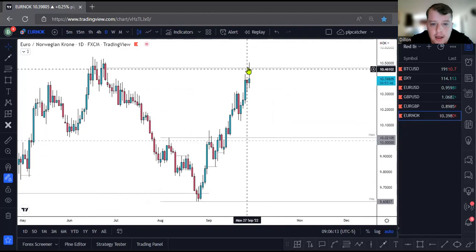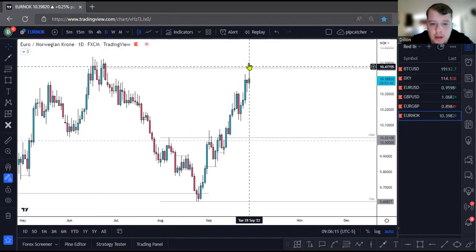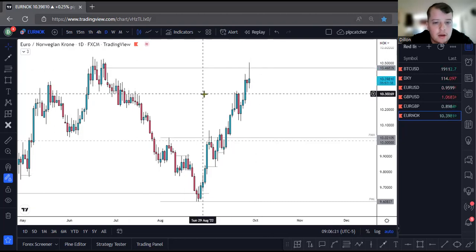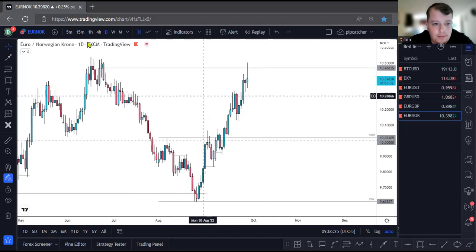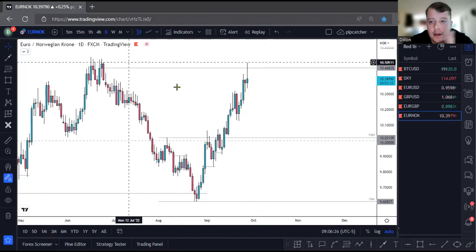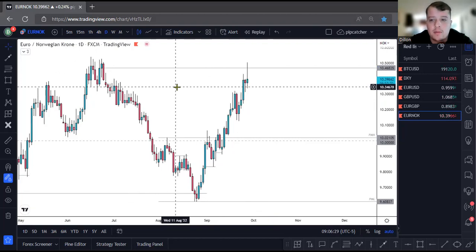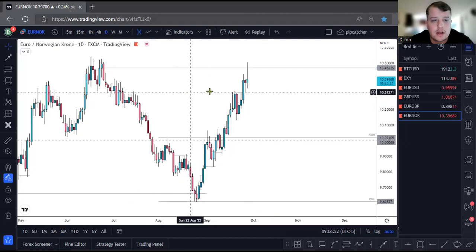As you can see today, we have purged up into that area with a pretty long wick on the daily setup here. And what did I do?